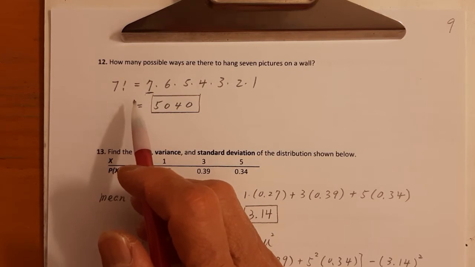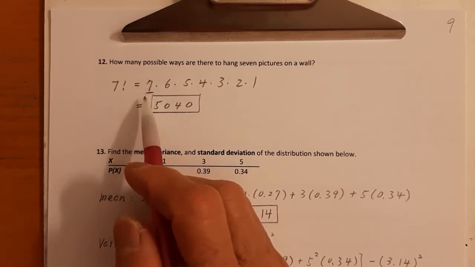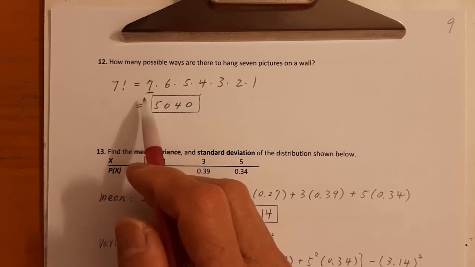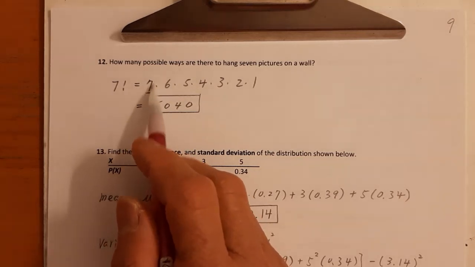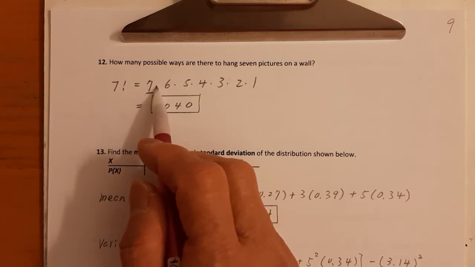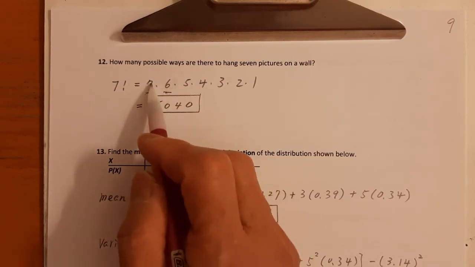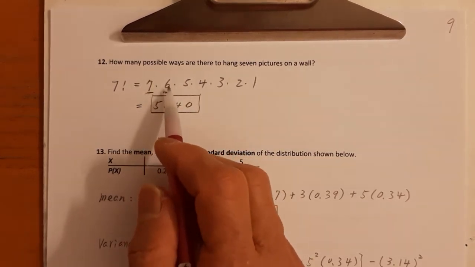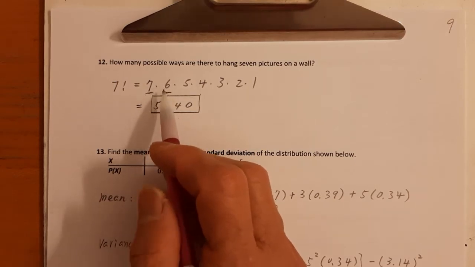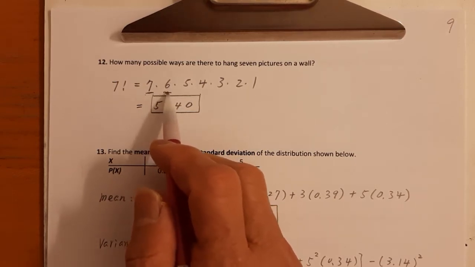You can choose one from those 7 pictures, so the first one is 7. For the second one, you chose 1 picture, so 6 pictures remain. So you have 6 choices for the second position.